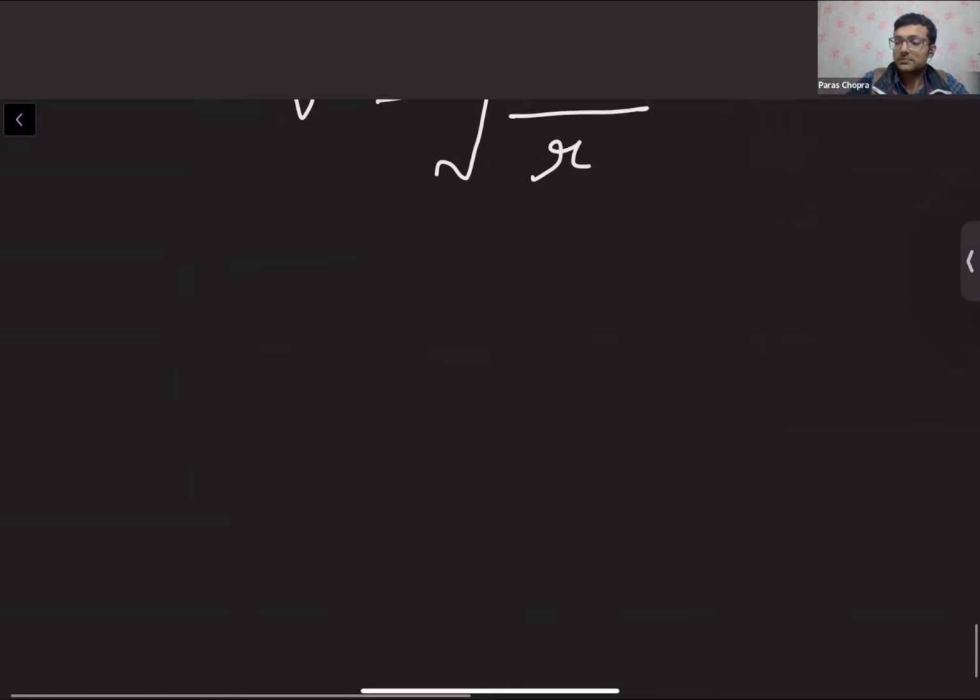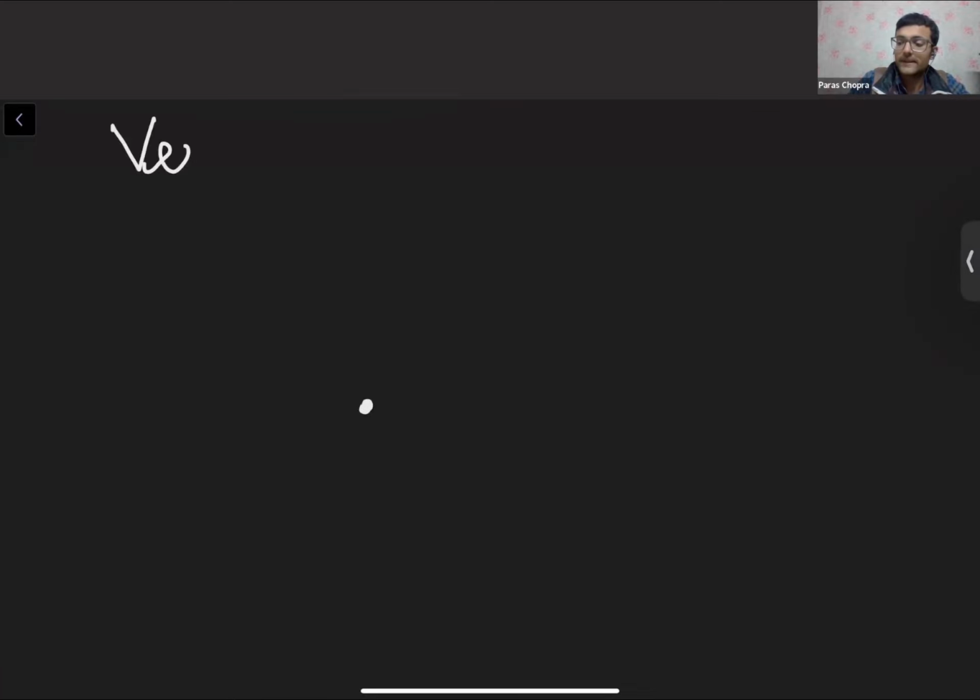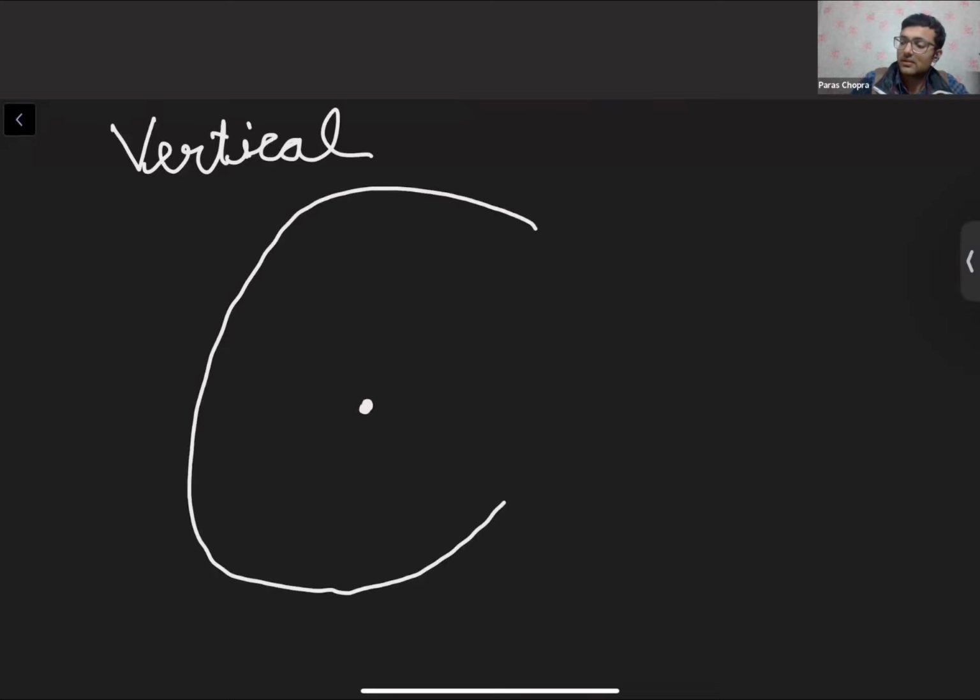Now let us see what would happen if the circular path was vertical. So in a vertical circle, we will look at different points along the circle. Let me draw the circle correctly.